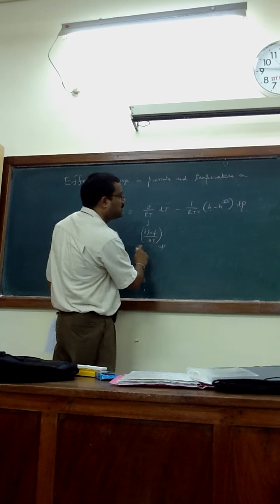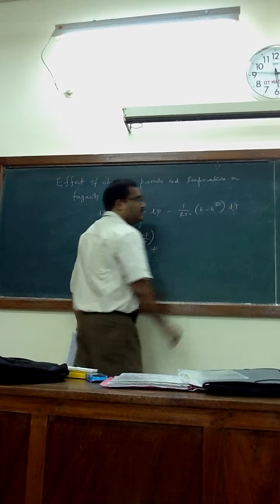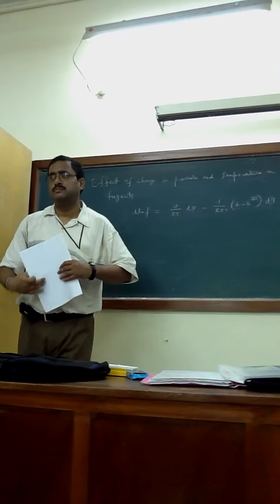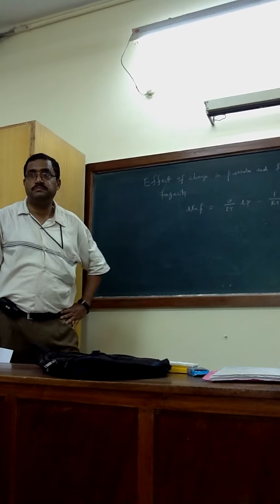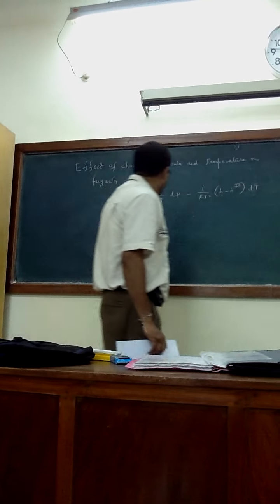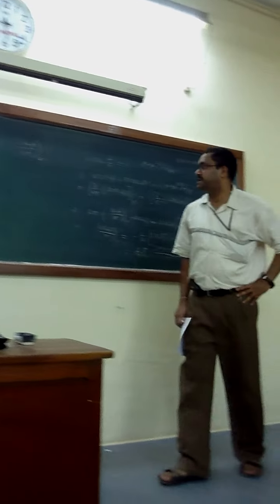Partial P is okay. Is that okay now? Yeah. Very interesting formula. So you got d ln f equals V by RT dP minus 1 by RT square (H minus Hig) dT.